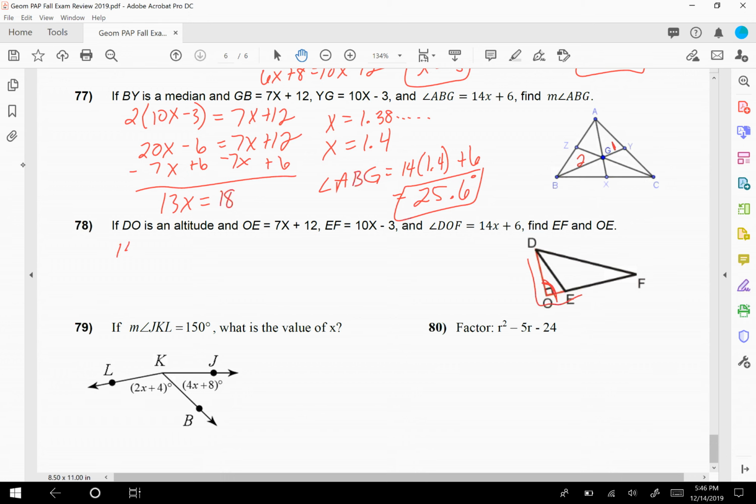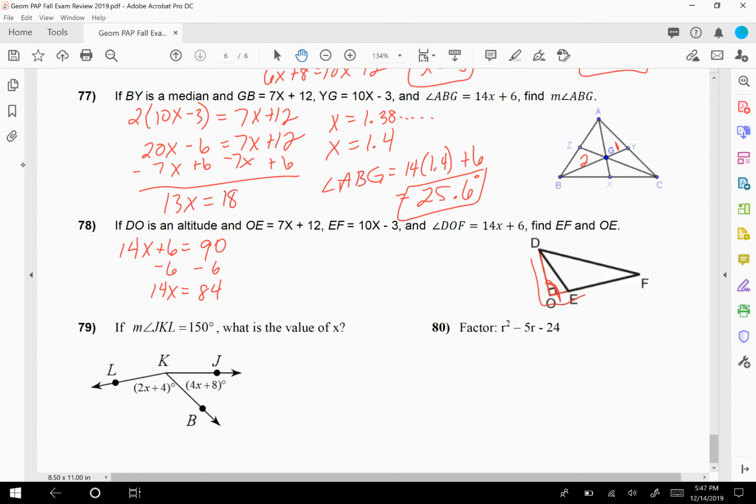So 14x plus 6, that's going to be equal to 90. Okay, take away 6. So 14x is 84. And so once you take 84 and you divide it by 14, you get 6. So x is 6. And then now to find EF and OE, we just plug in.